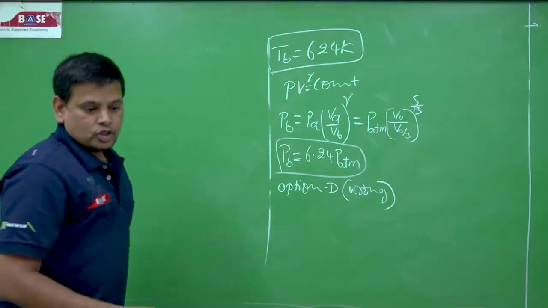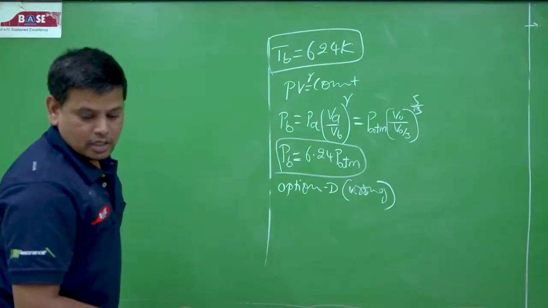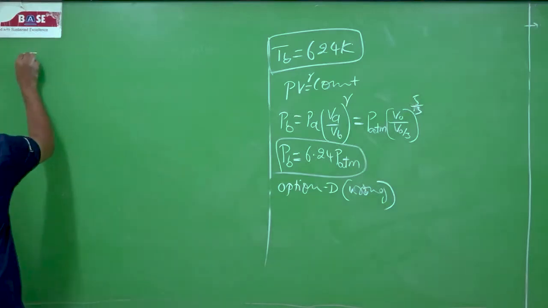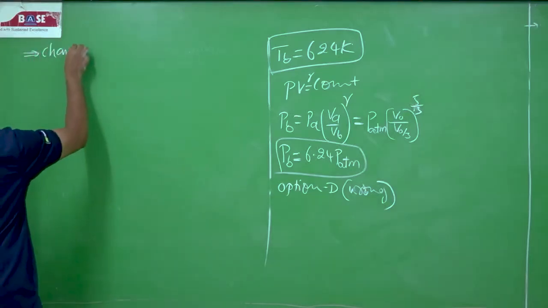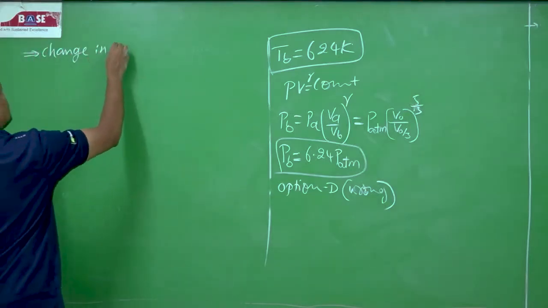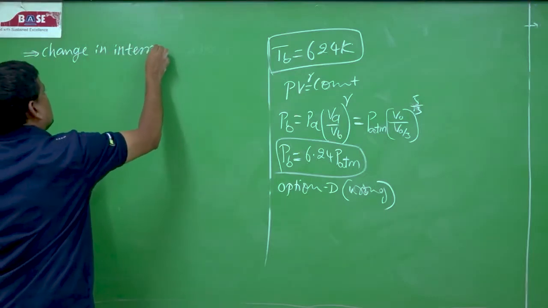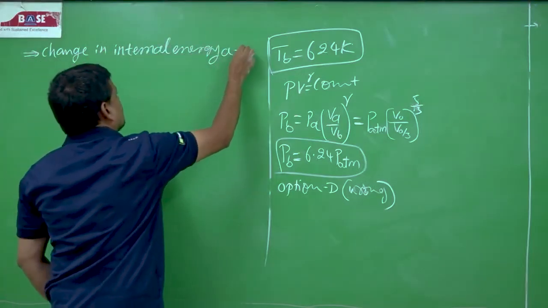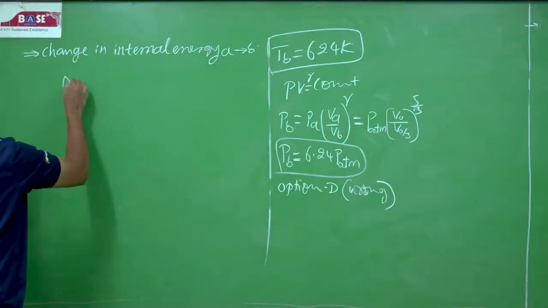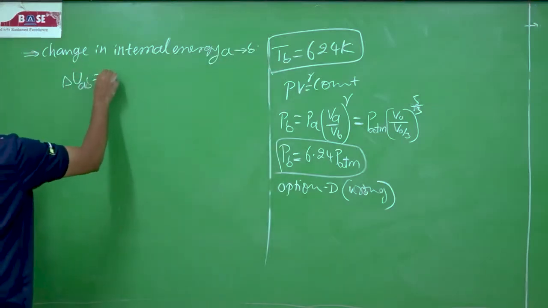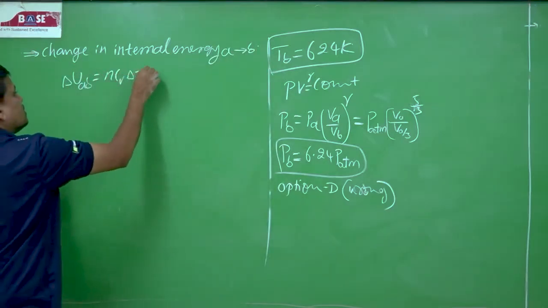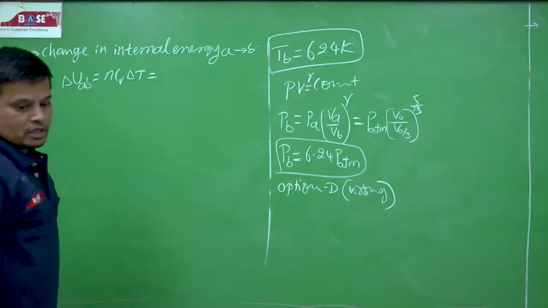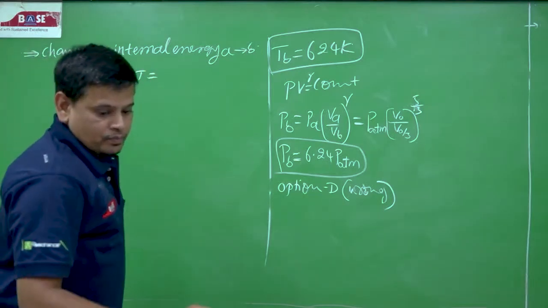Yeah, the change in internal energy from A to B can be written as delta U from A to B equals n C_V delta T, where C_V is the specific heat of a gas at constant volume.